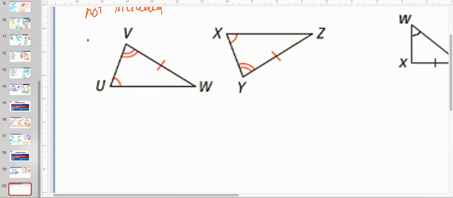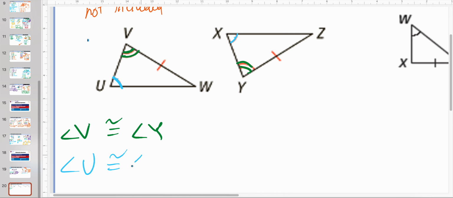Here again, as you can see, we have this angle, double lined, is equal to this angle, V with Y, okay? And we have this angle, U, is equal to X, one line, U with angle X. And the side, is it between them? Can you see the side between them is not marked?